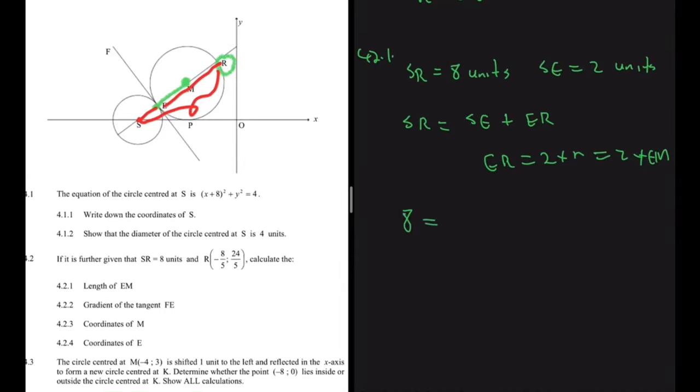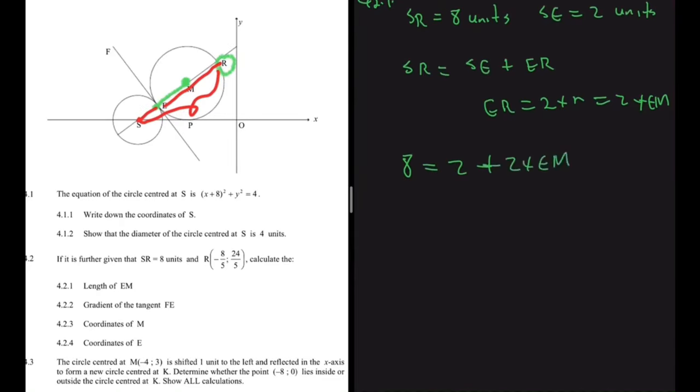In place of SE, that's 2 units. And then in place of ER, that's 2 multiplied by EM. So you can see now that EM will be equal to (8 − 2) divided by 2, right? So 8 minus 2, that is 6, and then 6 divided by 2, that is 3. So EM is 3 units, right?